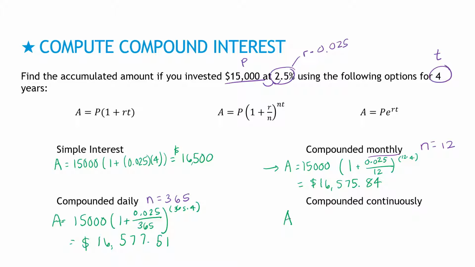And last but not least, because it's compounded continuously, I would get 15,000 and then e to the r, 0.025 times t, which is 4.